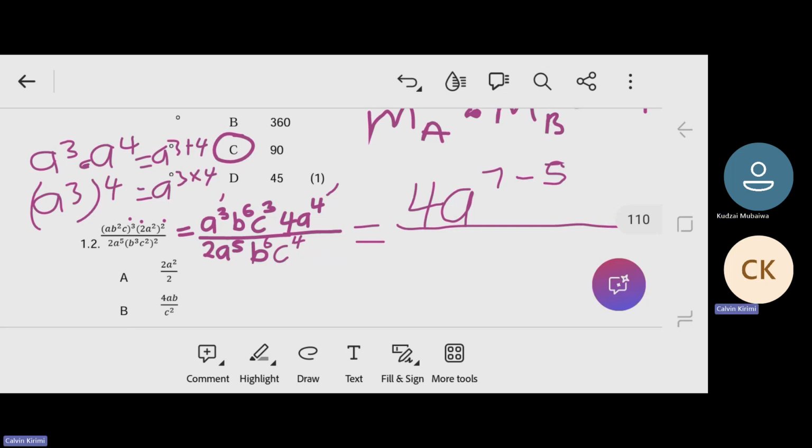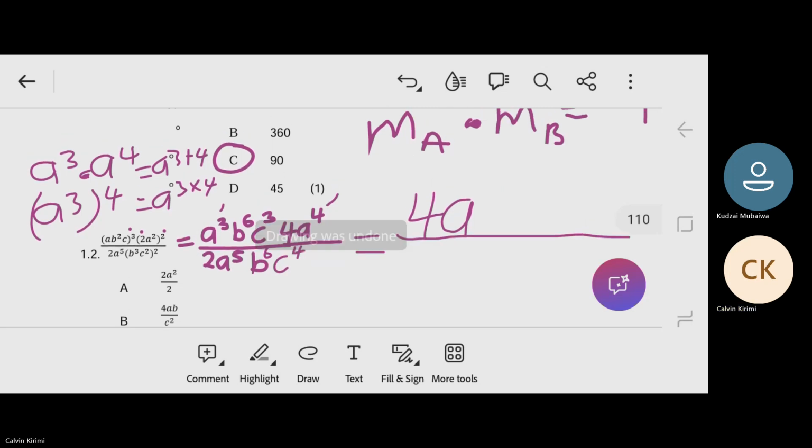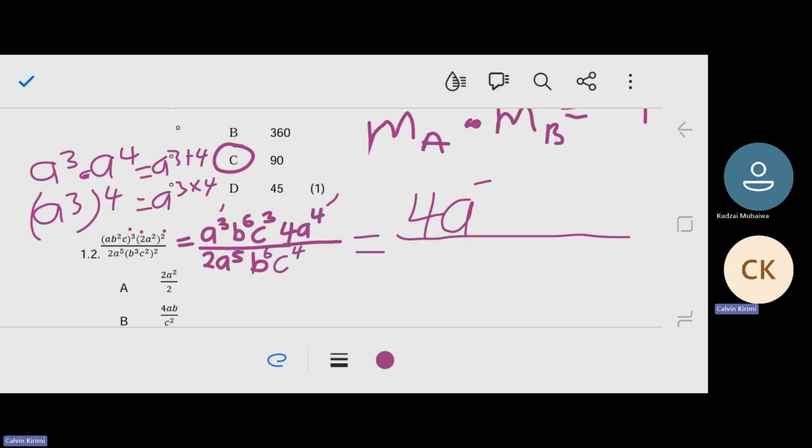When we subtract, we don't have to put the denominator anymore, isn't it? Let us just not skip the step. Let's put our 7, we will subtract 2a to the power 5.